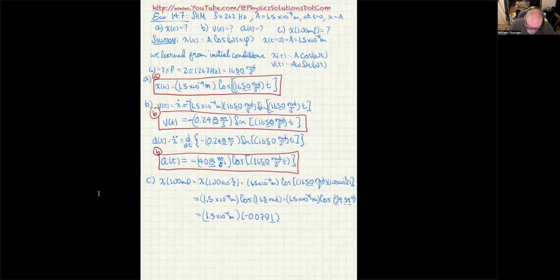And if I multiply that by 1.5 times 10 to the negative 4, that's going to give me negative 1.19 times 10 to the negative fifth meters is equal to x of 1 millisecond. So I get negative 1.19, or about negative 1.2 times 10 to the negative fifth is what that value comes out to be, and that's exactly what your book has.